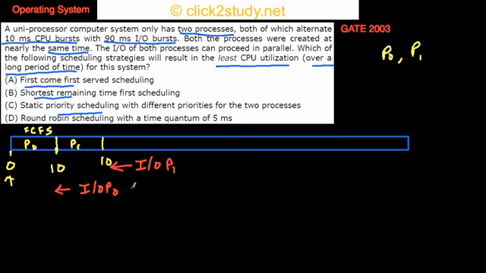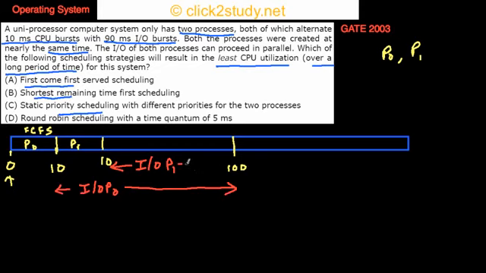This IO goes on for 90 milliseconds. That means that if you started your IO out here, it will go on up till 100, this is the 100 milliseconds. So this IO for P0 will go on up till here. And what about the IO of P1?